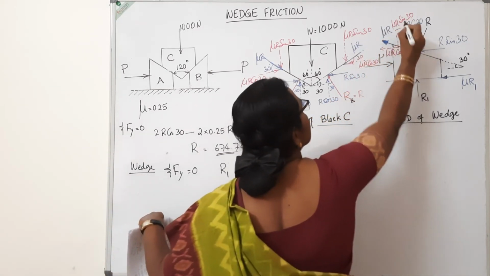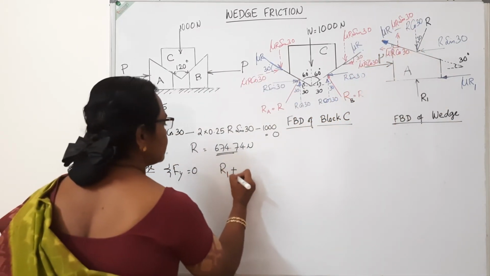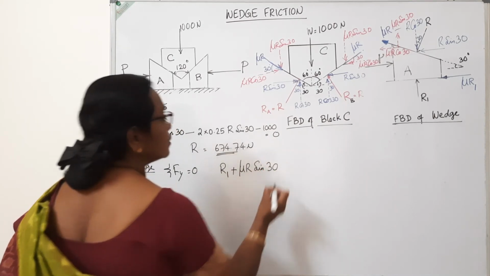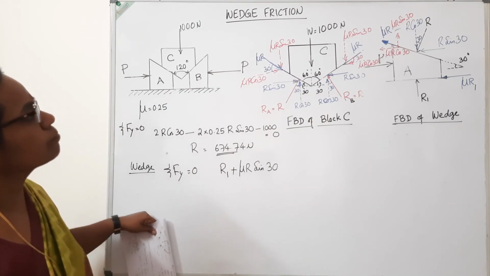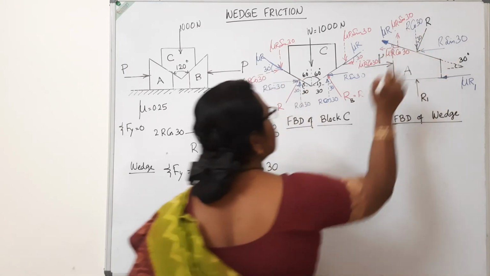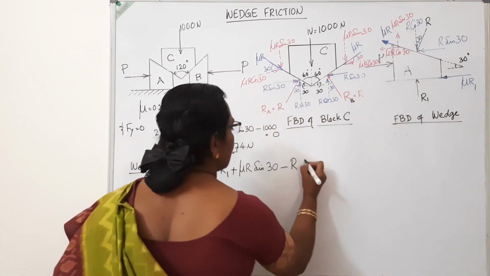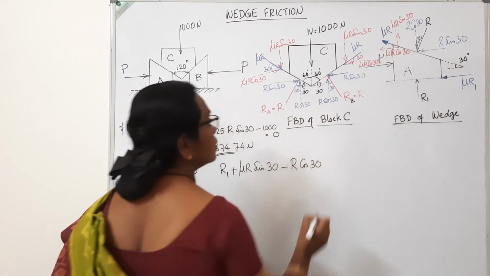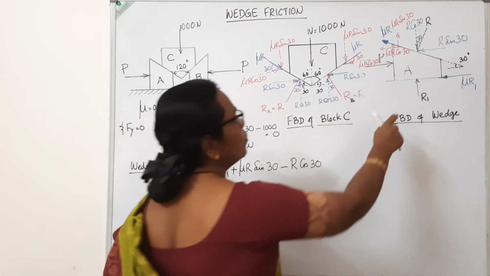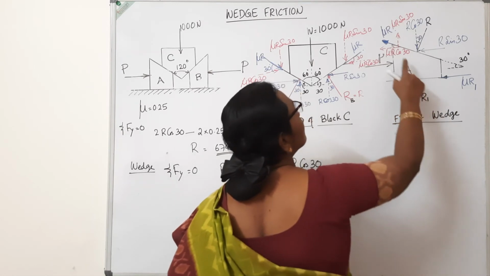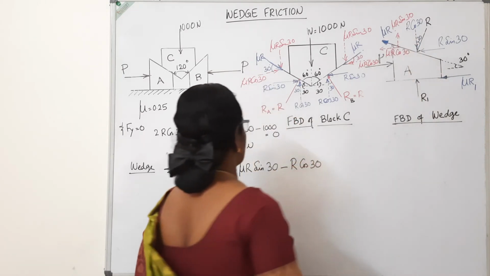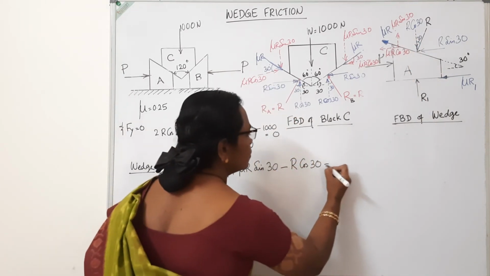This mu R sin 30 is acting upwards, so plus mu R sin 30. Then this R cos 30 is acting downwards, so minus R cos 30. The three forces are R1, mu R sin 30 upwards and R cos 30 downwards. So that is equal to 0.